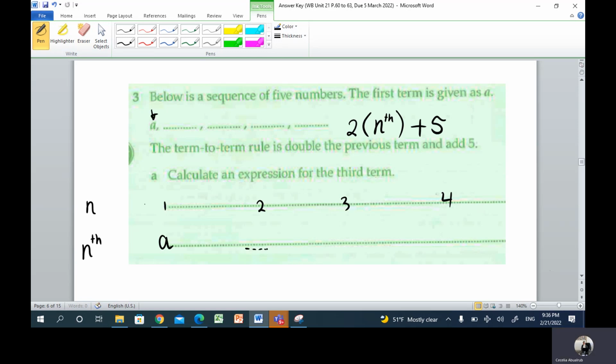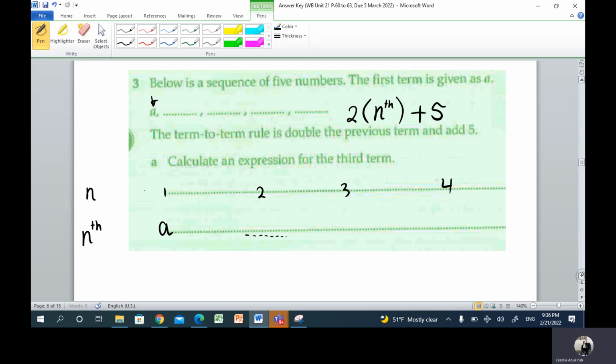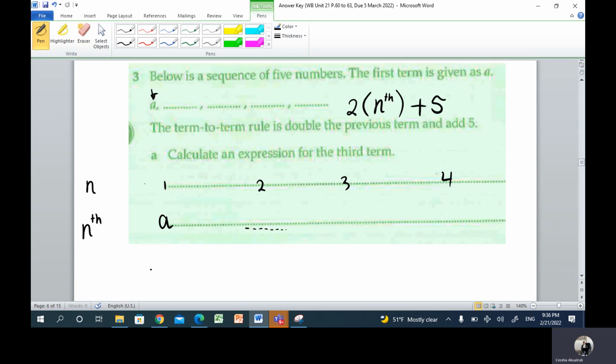In order to find the next term, we're going to say the second term is equal to 2 times a, because the previous term to the second term is a. So 2 times a plus 5, which will come down to 2a. 2 times a is 2a plus 5.